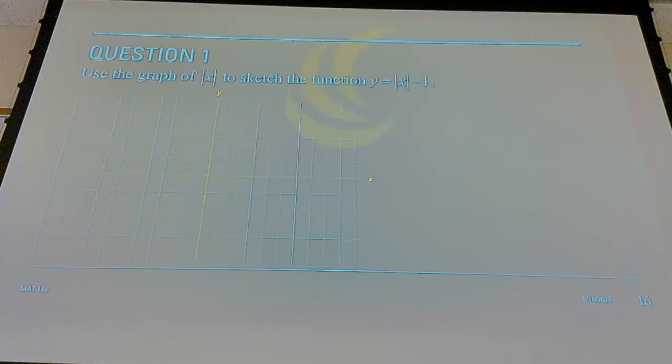First, try and describe what the graph will look like.